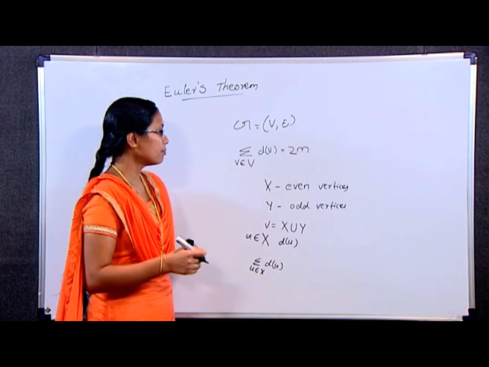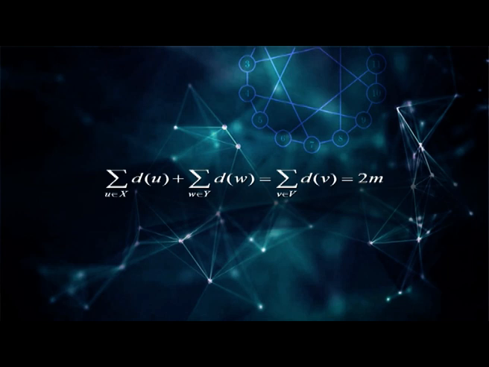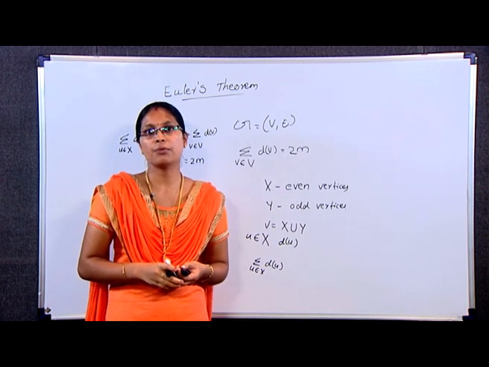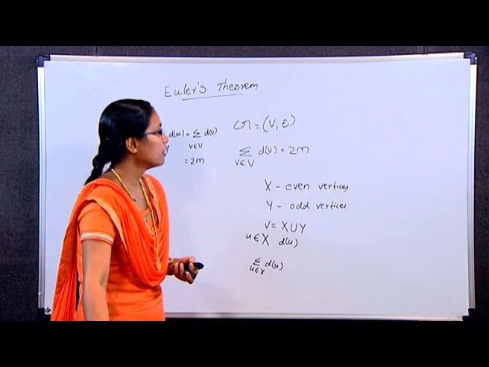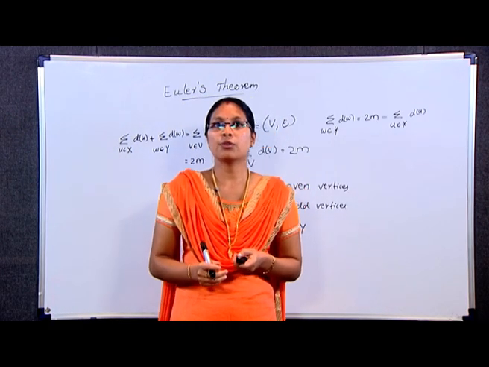Also, the sum over u in X of d(u) plus the sum over w in Y of d(w) equals the sum over v in V of d(v), which is equal to 2m by Euler's theorem, where m is the number of edges of the graph G. Thus, the sum over w in Y of d(w) equals 2m minus the sum over u in X of d(u), which is even, being the difference of two even numbers.